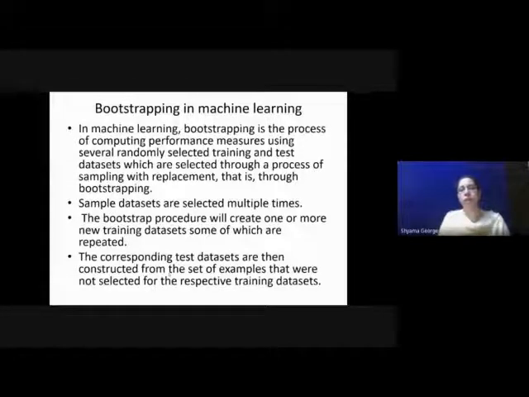So the training data set is selected based on simple random sampling with replacement, and from the remaining objects, by avoiding the objects selected for the training set, we can select objects for the testing phase. So the training dataset and testing dataset will be mutually exclusive, and the training dataset is selected with simple random sampling with replacement. This is known as bootstrapping.